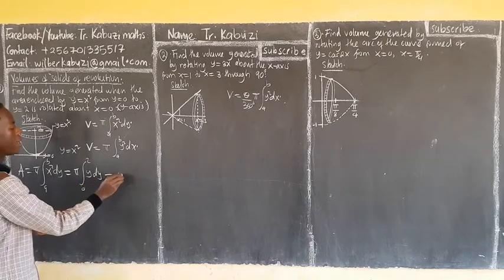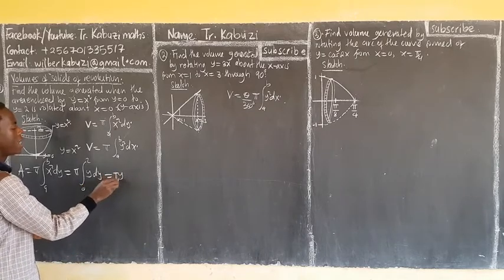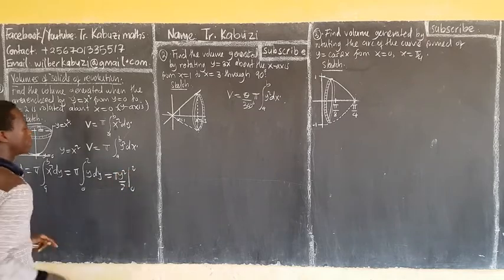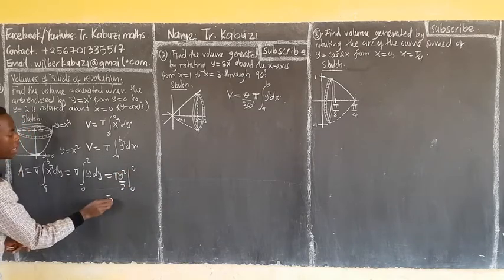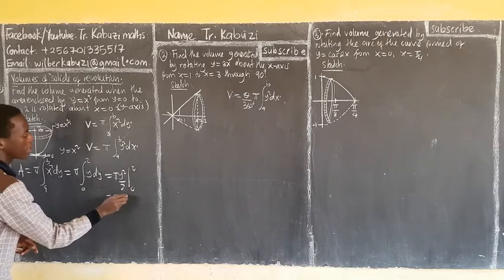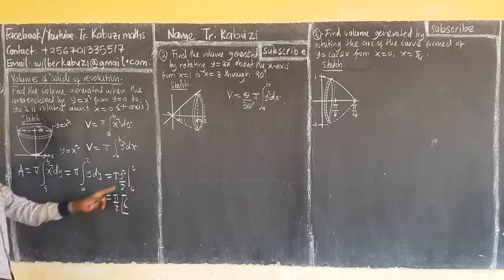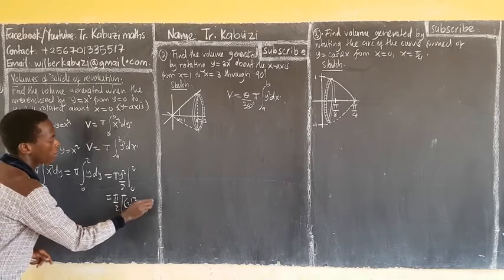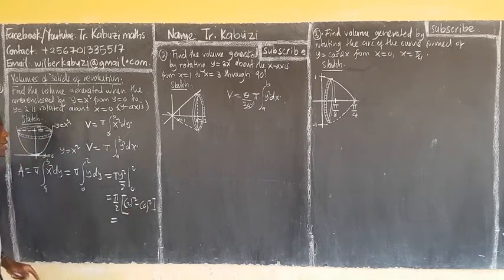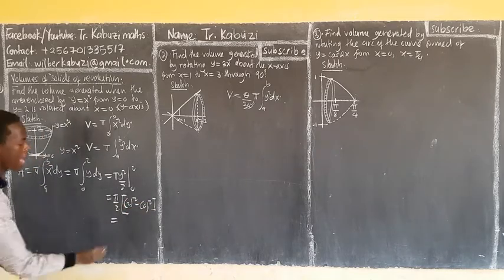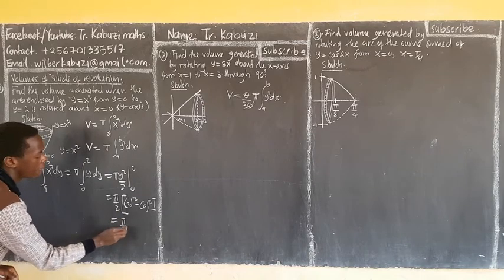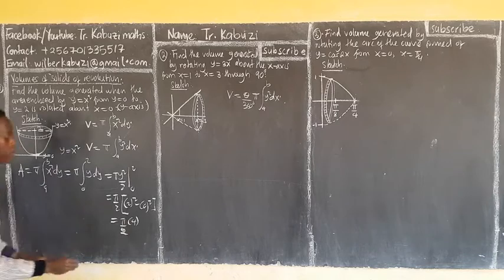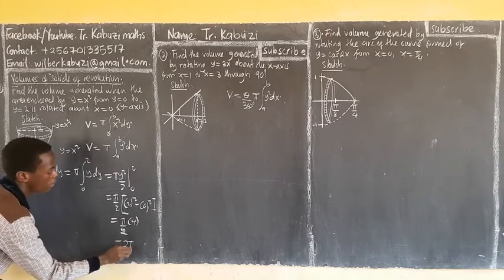This would be pi, y squared over 2 from 0 to 2. If I take pi over 2 out as a constant and substitute in the upper limit 2 squared, minus 0 squared, this will be pi over 2 into 4, which will give you 2 pi.